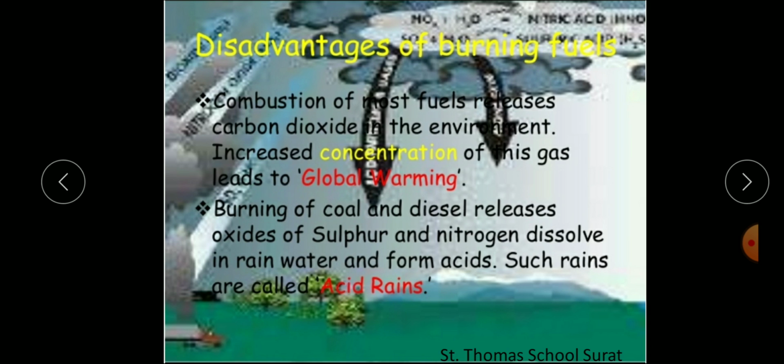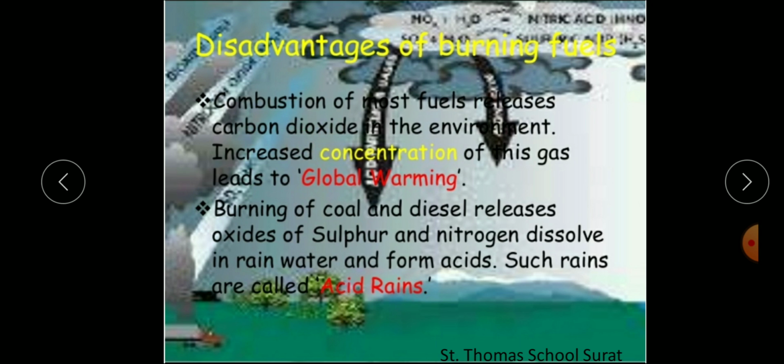Next, the third point is that combustion of most fuels releases carbon dioxide into the environment.